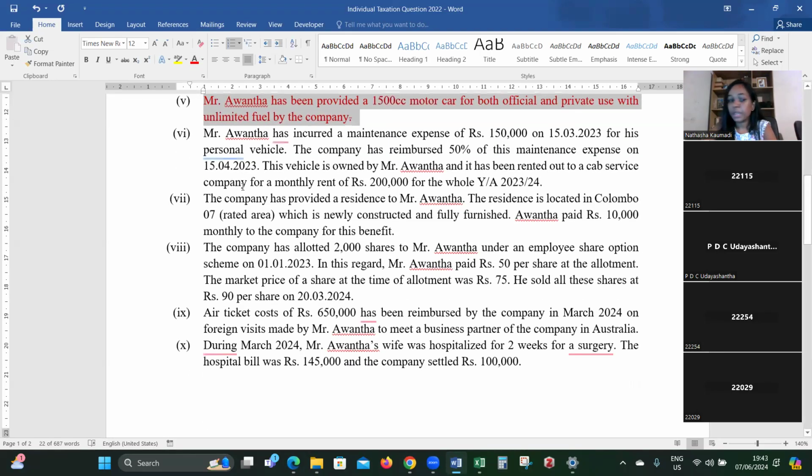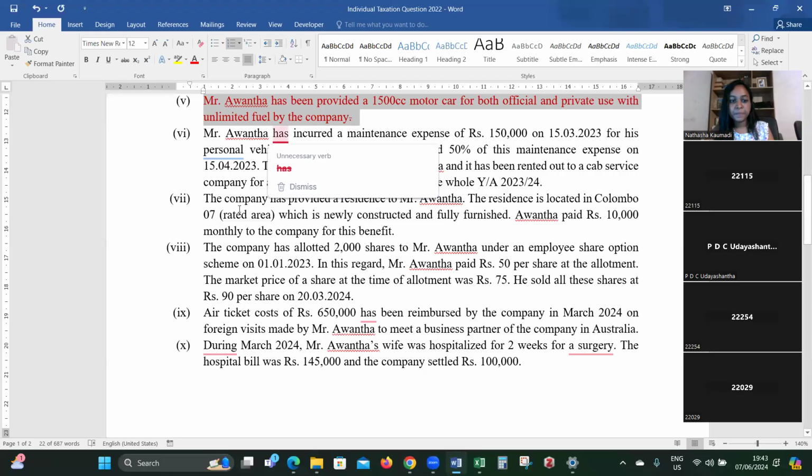Number 6. Mr. Avanta has incurred a maintenance expense of 150,000 on 15 March 2023. Is it in this year of assessment? No, right? Our year of assessment starts on 1st April 2023. So before this year, he has incurred this maintenance expense for his personal vehicle.